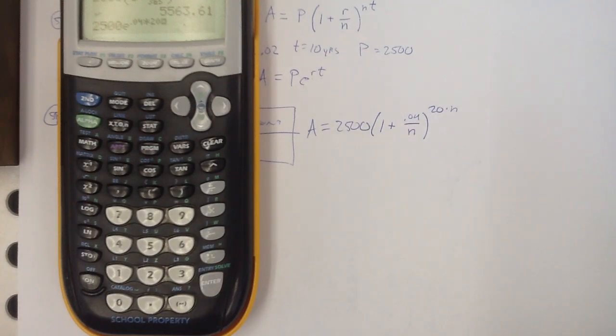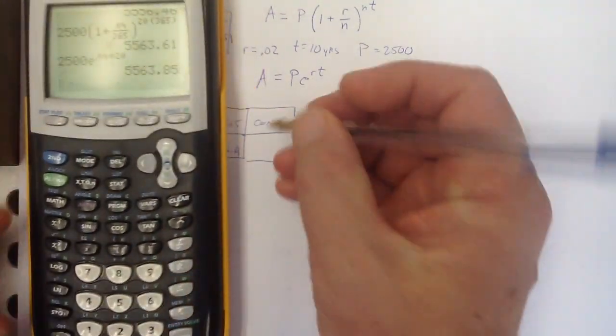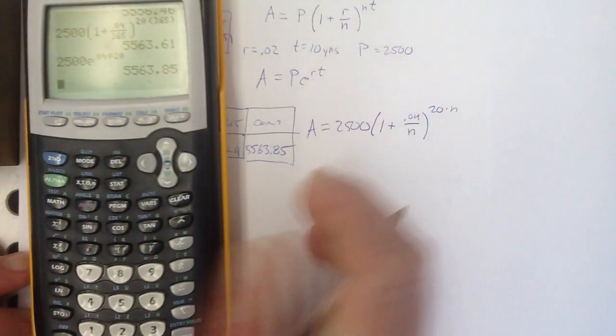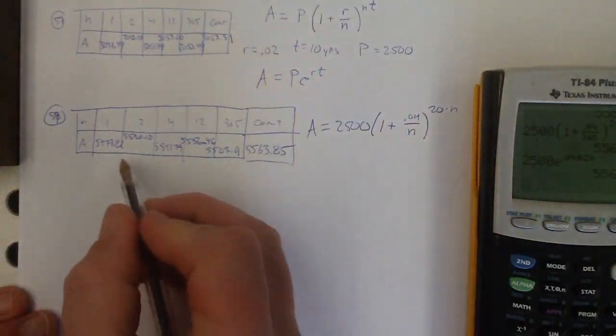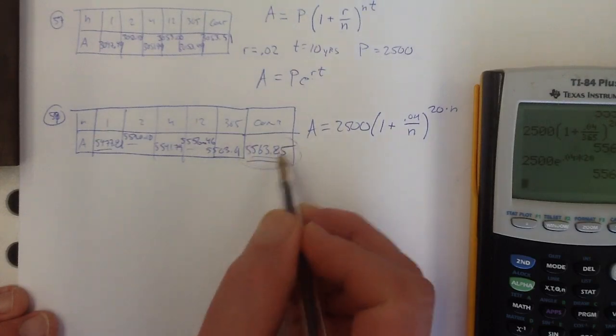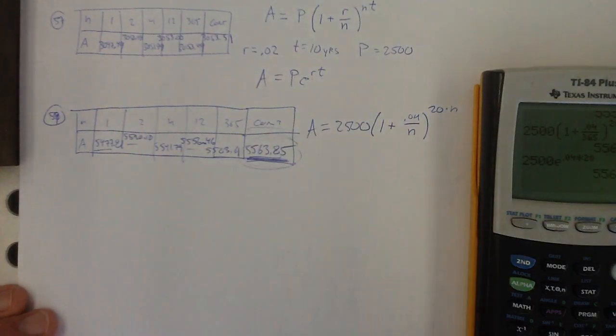Just leaving that there. Make sure you look at that, understand that those are the right numbers for this. So that's $5,563.85. So you can see as we compounded more times, we did get more interest, and that's like the limit of how much interest you can get if you compound continuously.